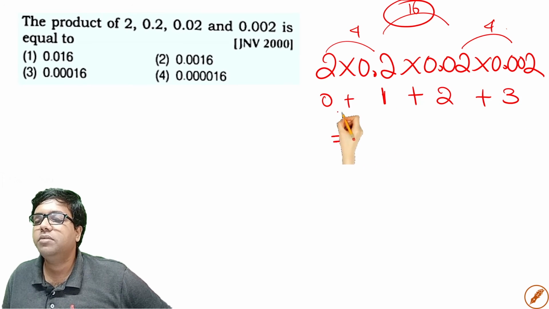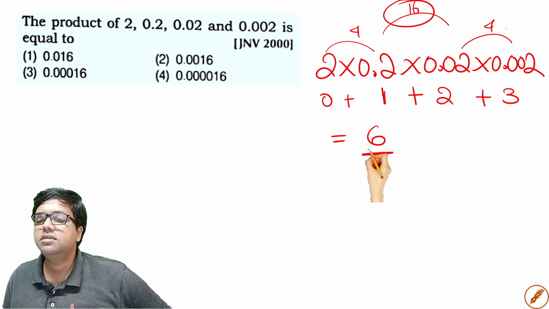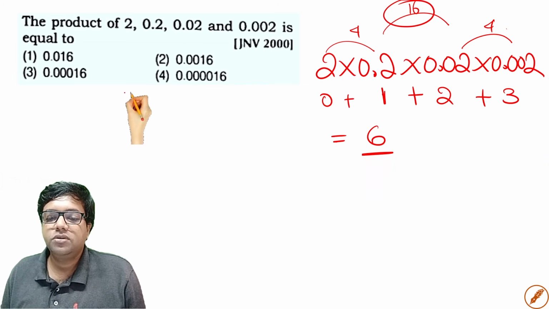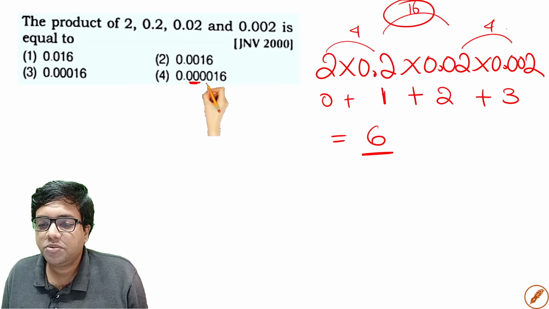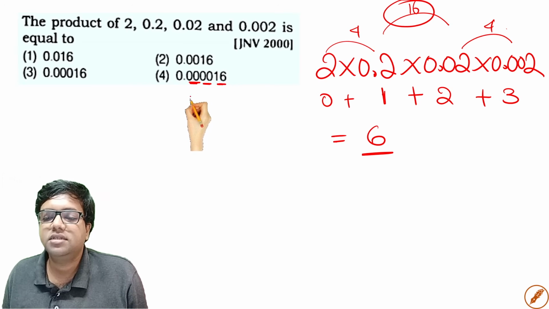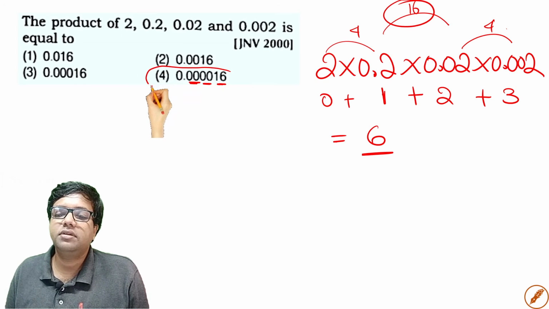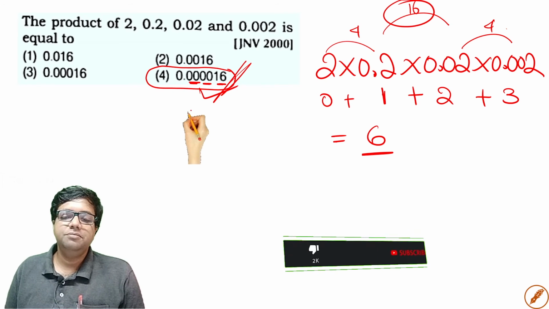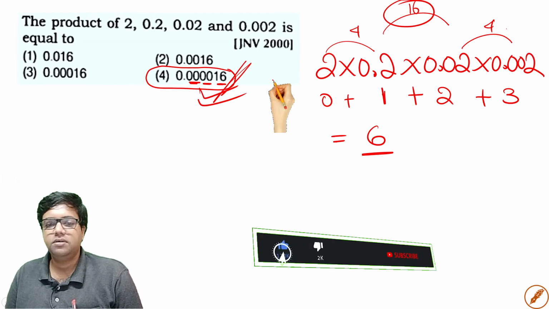So in total, how much will we get? 0 plus 1 is 1, 1 plus 2 is 3, 3 plus 3 is 6. 6 digits should be there after the decimal point. If you check option number 4, there are 6 digits after the decimal point. So hence option 4 is the right answer for our question.